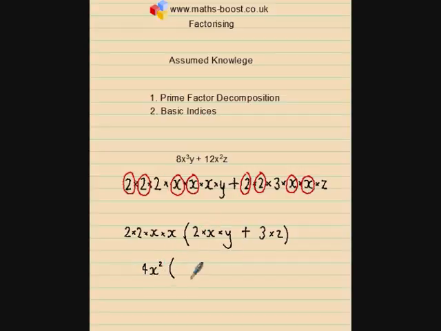And again, we don't put the multiplication signs in algebra, so this will just be 2xy plus 3z. And again, it's good practice to always multiply this out and be sure you get back to the beginning.